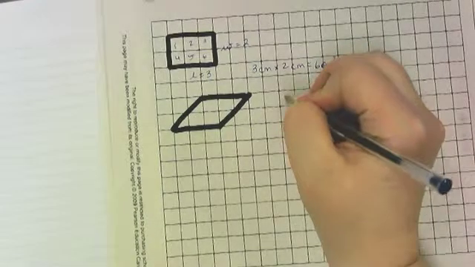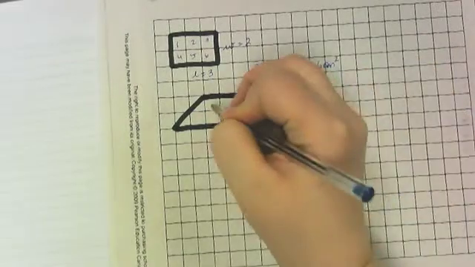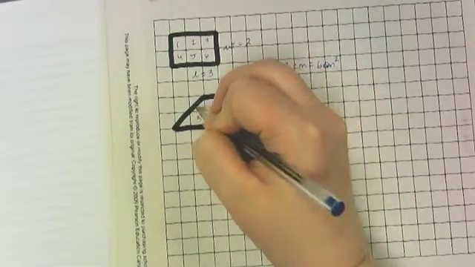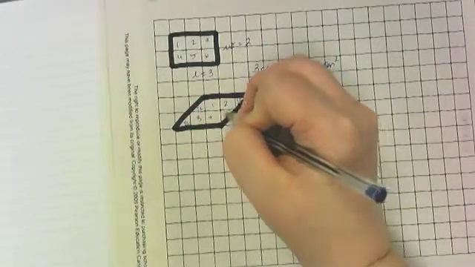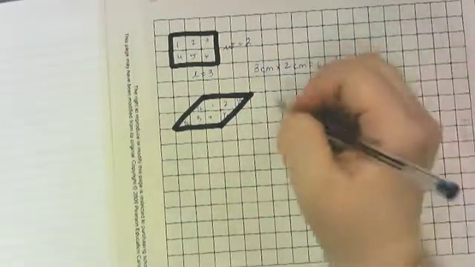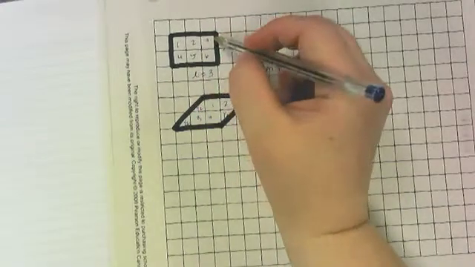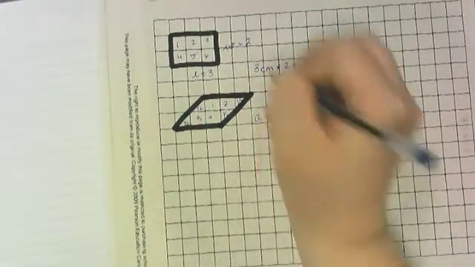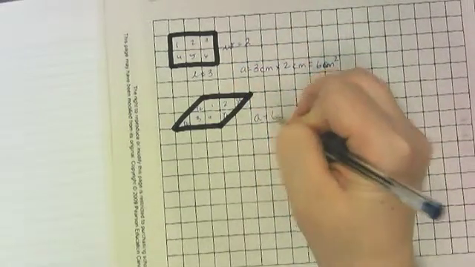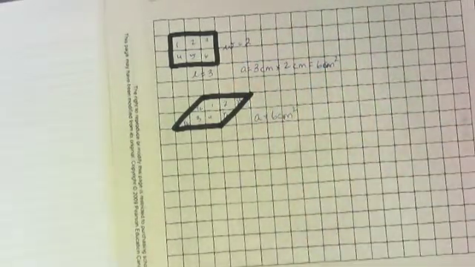Because the little boxes inside, you can clearly see 4, and then there's 2 halves on either side, and that equals a whole. So this rectangle and this parallelogram both have an area of 6 centimeters squared.